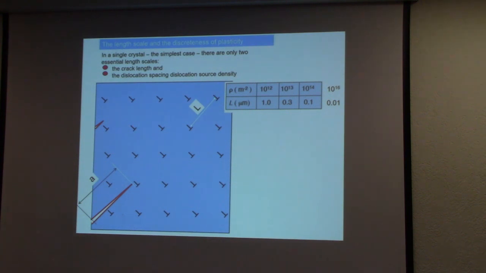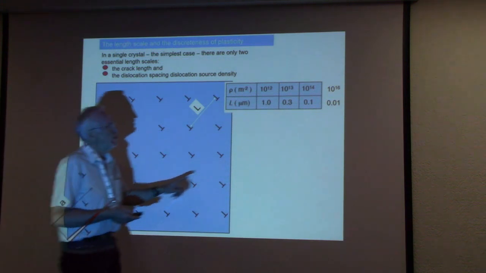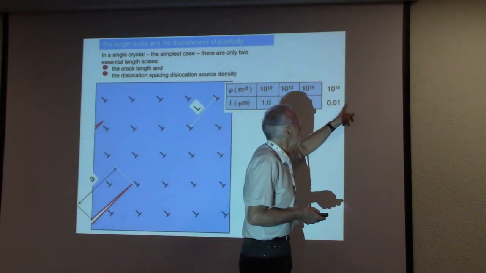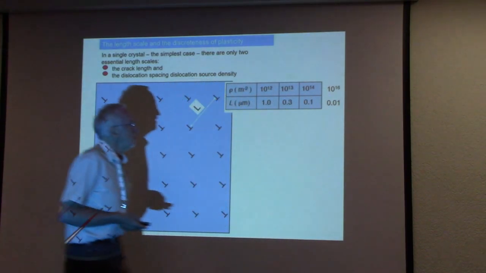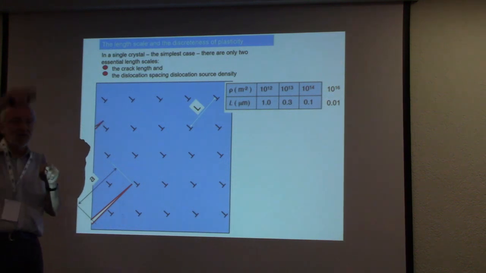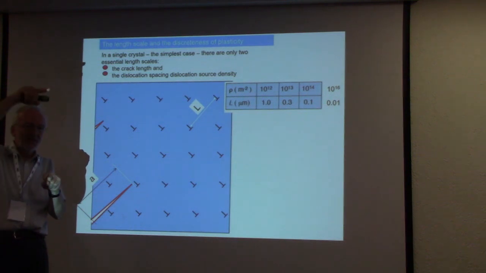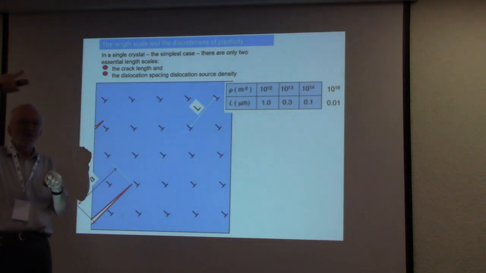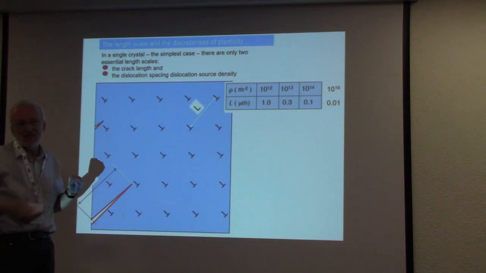Then there exists a mechanism where there is a recombination, and there is an equilibrium between generation and annihilation of these defects. In this case, you have a mean distance of dislocations of about 10 nanometers. So every 30 atom distances, you will find one of these defects.